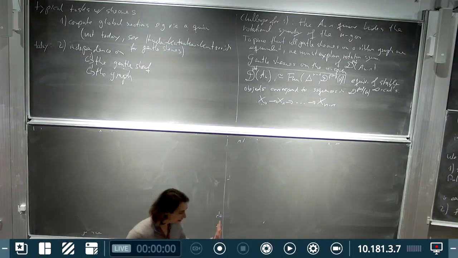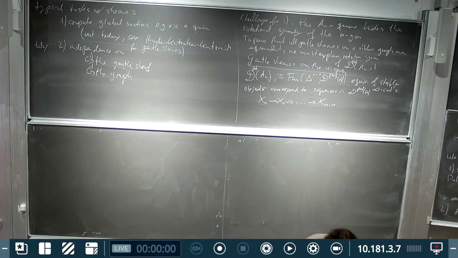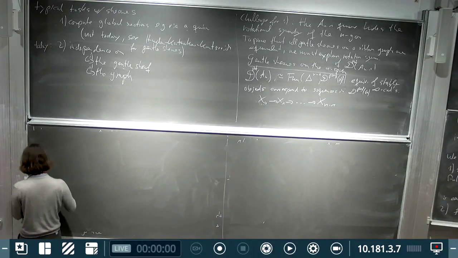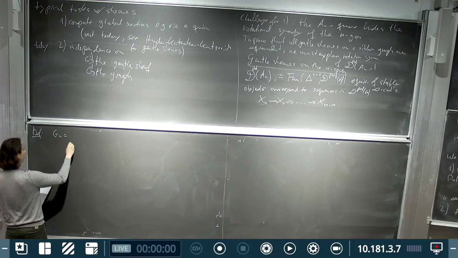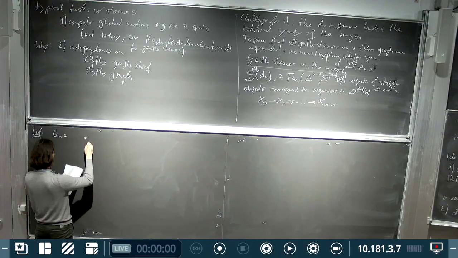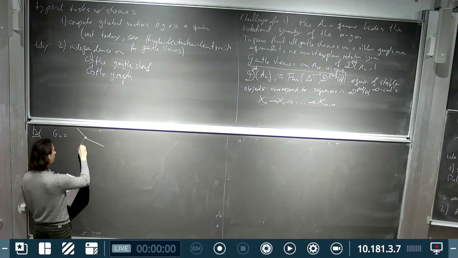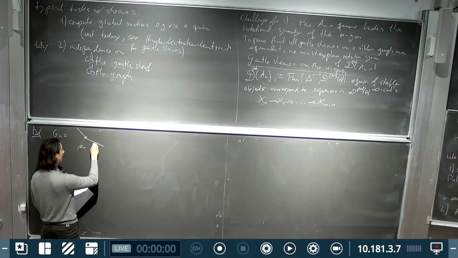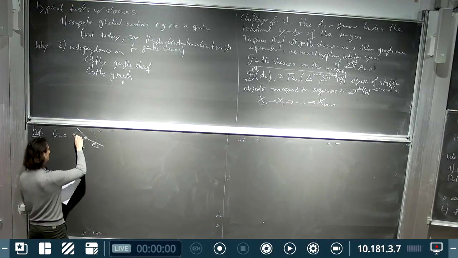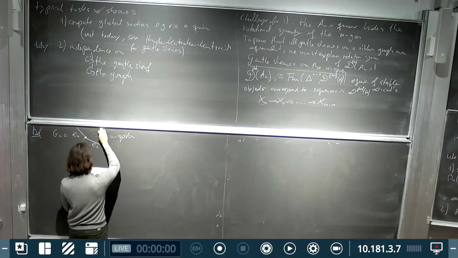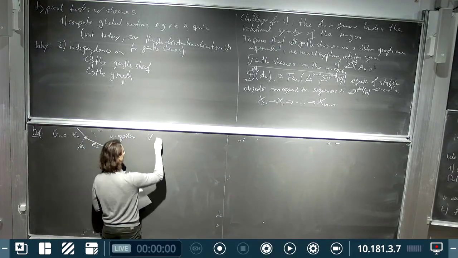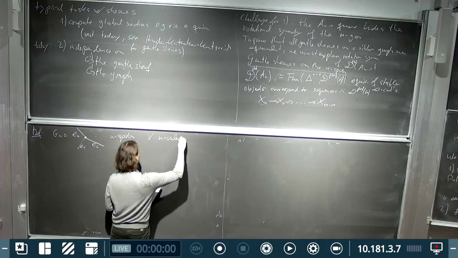So these functors will be what we put on the sheaf. Definition: let Gn be the n-spider, which looks as follows. It's the ribbon graph with one vertex and n external edges, so the vertex is n-valent.